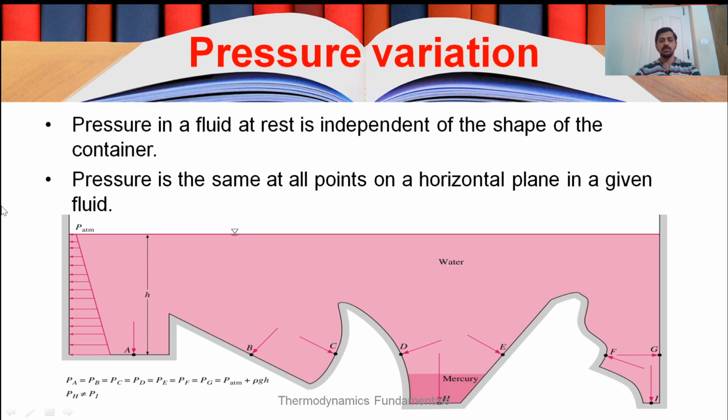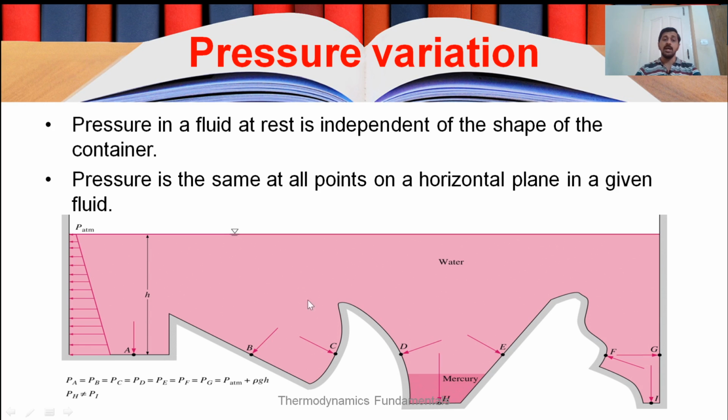Now, before stating what Pascal's law is, let us see a container having an irregular shape like this. There are different points marked here: A, B, C, D, E, F, G, as well as H and I. A through G, if you notice, are on the same horizontal level.